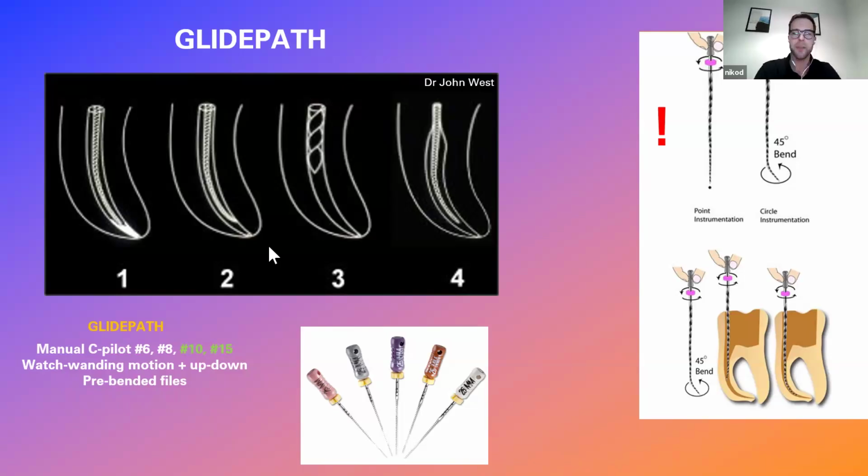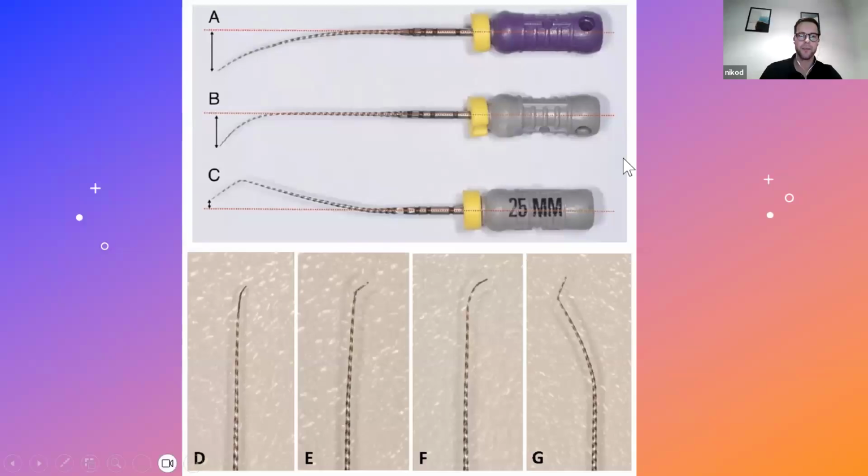Like I said, a pre-bent file and the watch winding motion are the basis of good root canal. And in most cases, I pre-bend my file like you can see in this photograph or this.